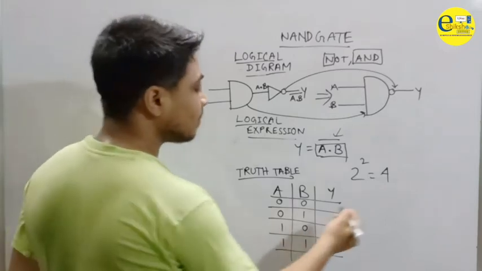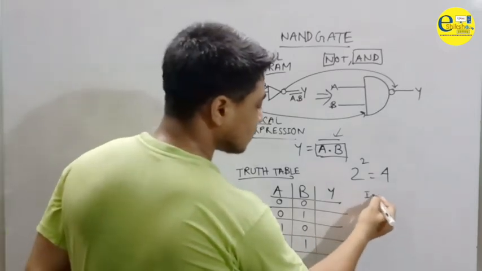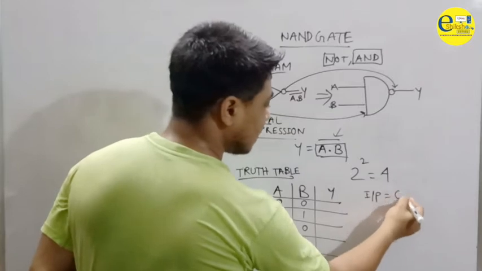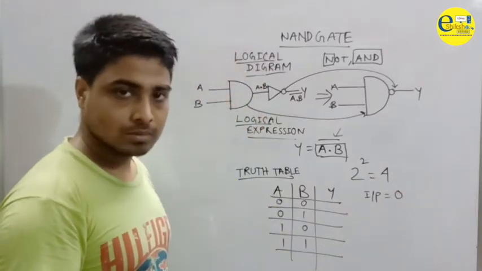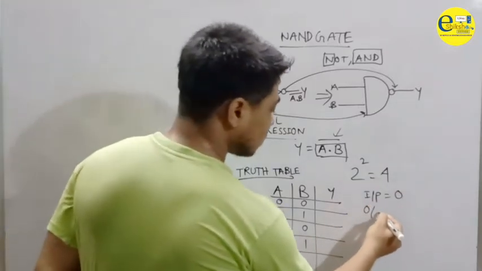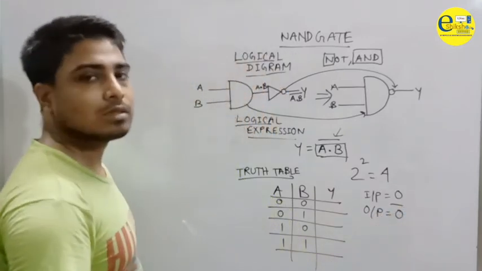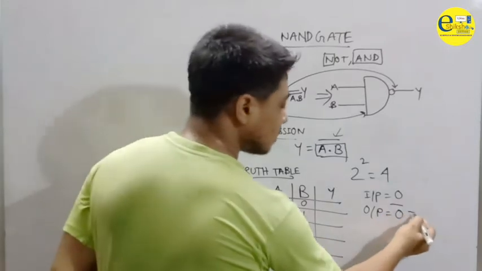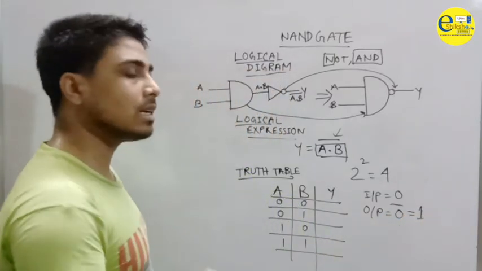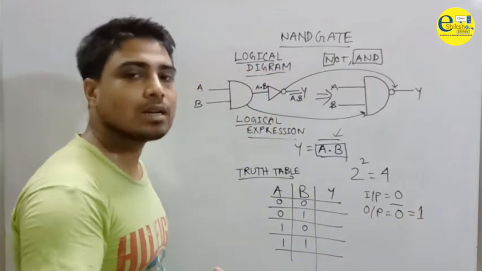That means if we have at least one 0 as input, we will get the complement of 0, that is 1. That means if it has at least one 0, we will get 1.